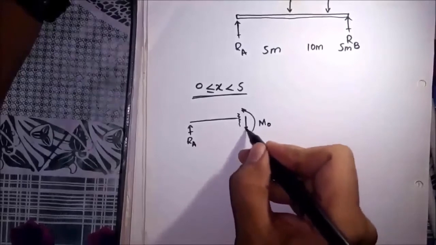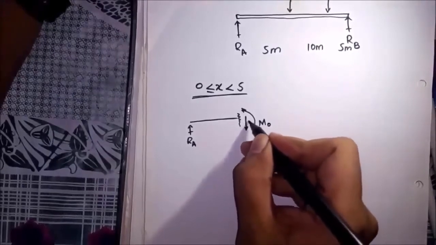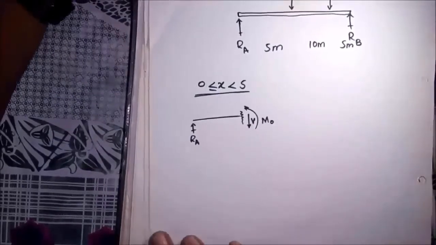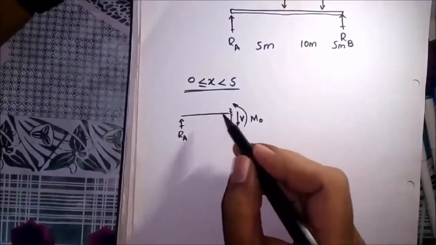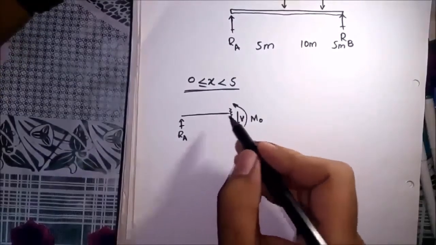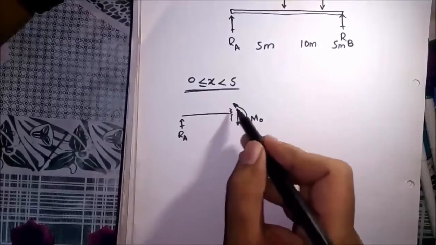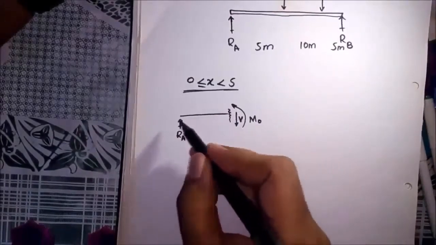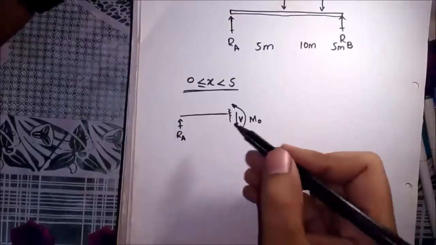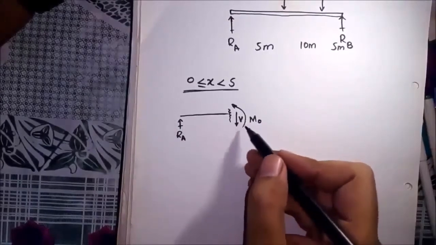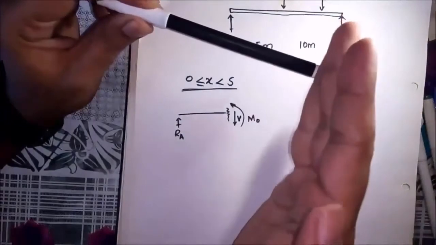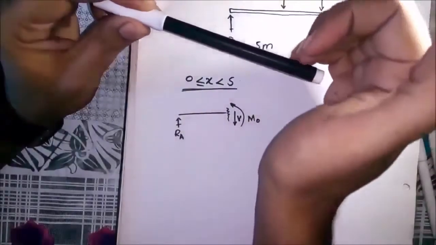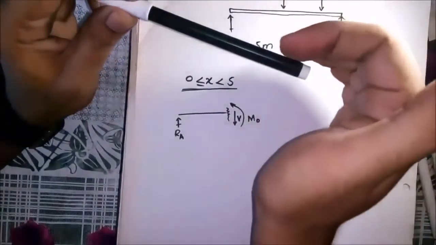The internal stresses include a bending moment MO and a shear force V. How do we decide the direction of these forces? Shear force must try to rotate the beam clockwise around the pivot point. In this case, it is taken as positive. The bending moment will be positive if its arrowhead is on the upper face of the beam.